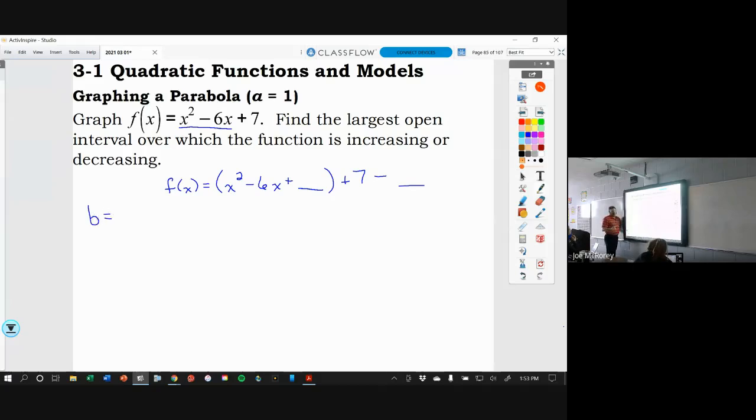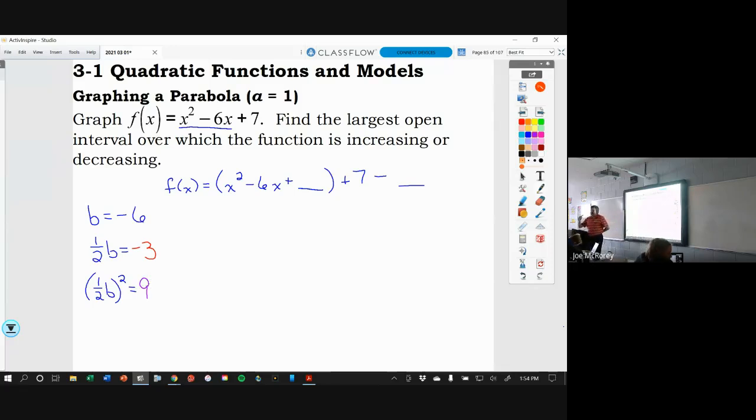What's B? B is -6. What's half of B? -3. And what is half of B squared? 9.